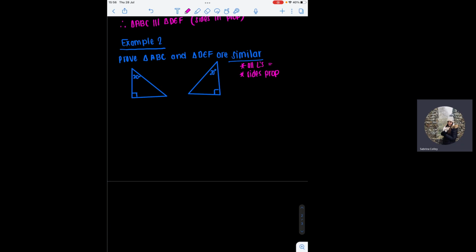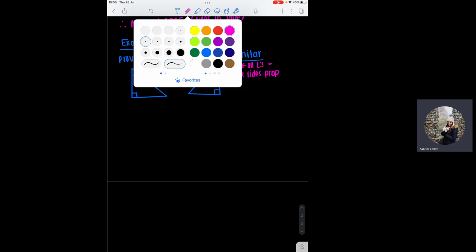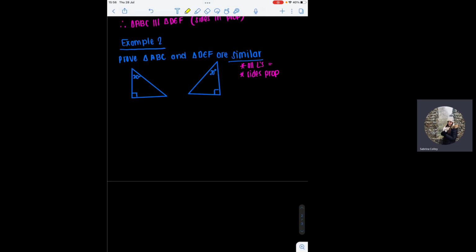So I'm probably going to prove that those three angles are equal. So let's start. We start our structure. So in triangle, ooh, I didn't label these, but it will be ABC and DEF. Okay, so in triangle ABC and triangle DEF.